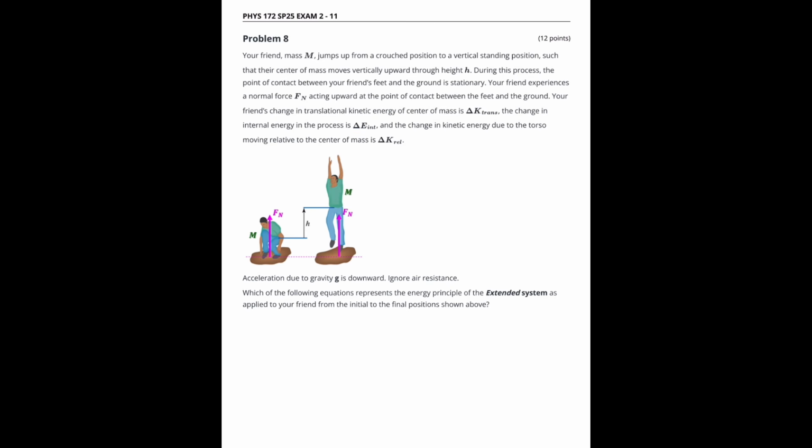The change in internal energy in the process is delta E int. And the change in kinetic energy due to the torso moving relative to the center of mass is delta K rel. Acceleration due to gravity, g, is downward. Ignore air resistance. Which of the following equations represents the energy principle of the extended system as applied to your friend from the initial to the final position shown above?